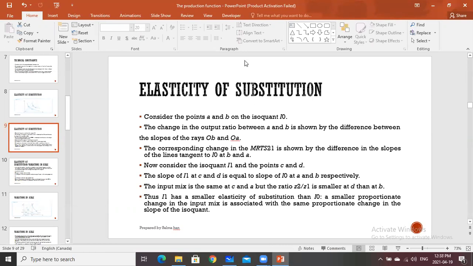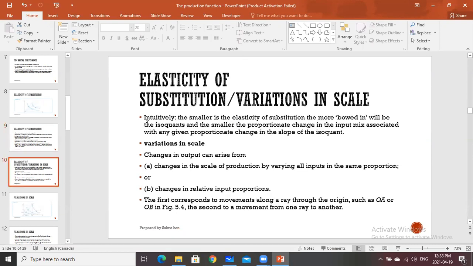So this is simple elasticity of substitution, and therefore the smaller is the elasticity of substitution, the more bowed in will be the isopoints, and smaller proportionate change in the input mix is associated with any given proportionate change in the slope of isopoint.